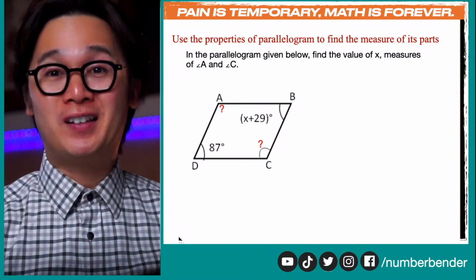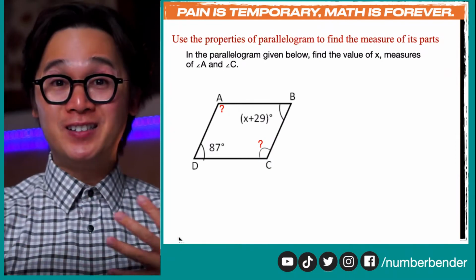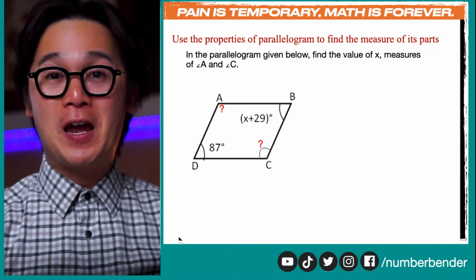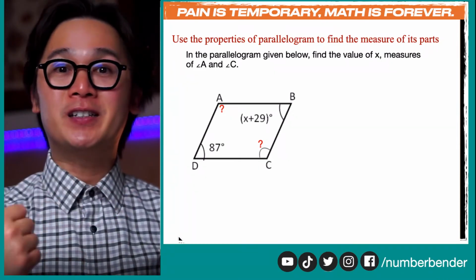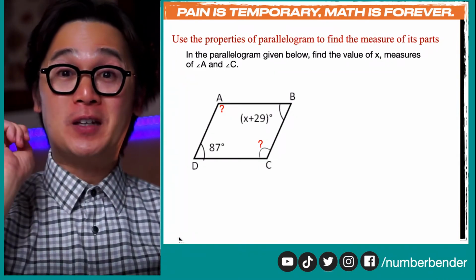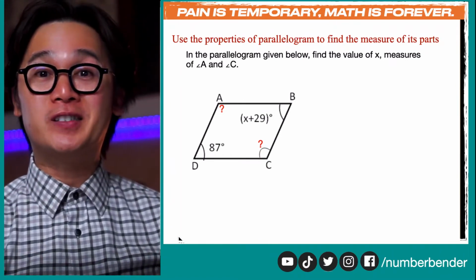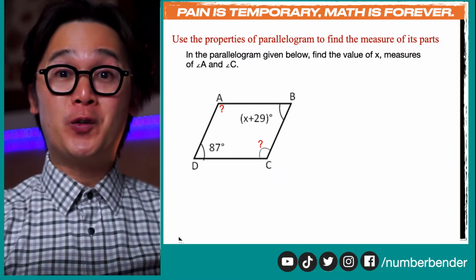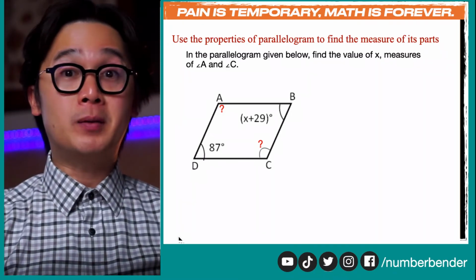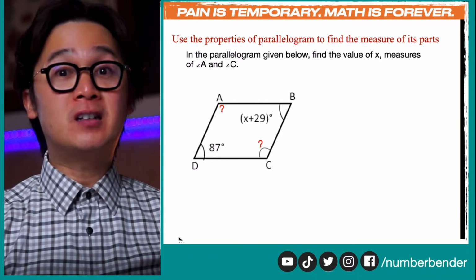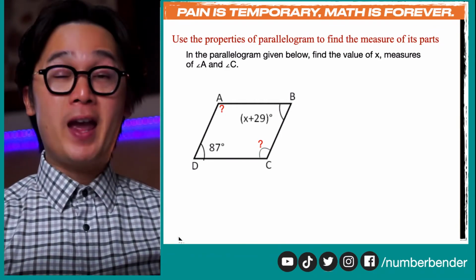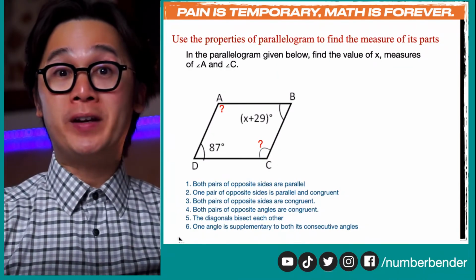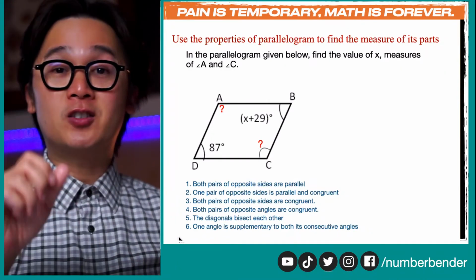Forgive me for the quick shift, but we know that those angles that we have just calculated will be equal to those measurements using algebra and using the conditions of our parallelogram, which we are going to be using on the last parallelogram that you are seeing right now, because here we are given the expressions for the measurement of angle D and the measurement of angle B, and we are asked to find the measurement of angle A and the measurement of angle C. And using the conditions, we all know that in a parallelogram, opposite angles are congruent.